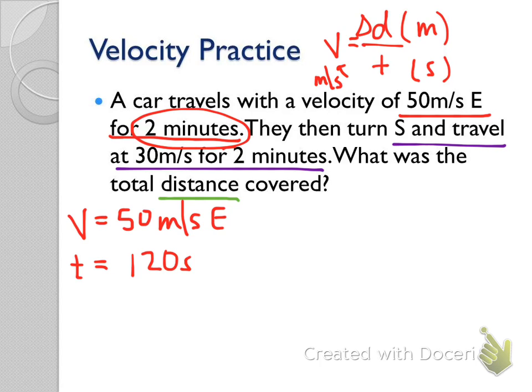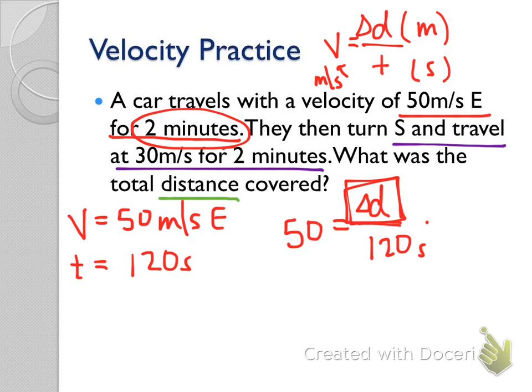Okay. So now we're going to solve for the distance or displacement. 50 equals change in displacement over change in time, which was 120 seconds. What do we do to solve for this variable, mathematically?